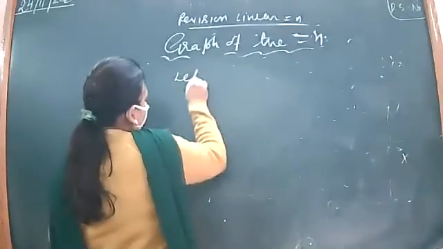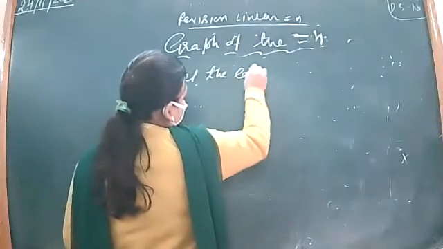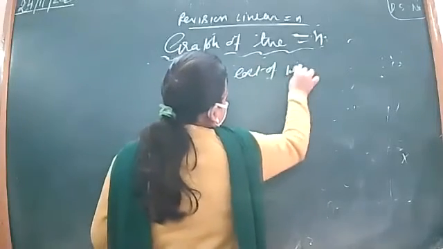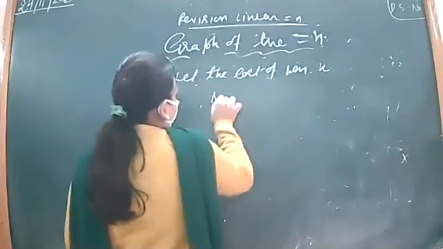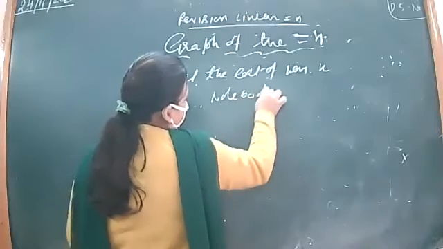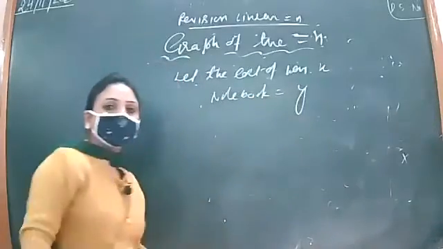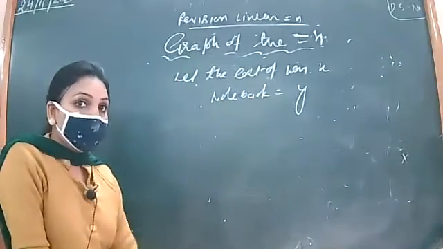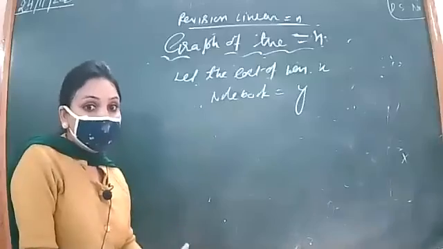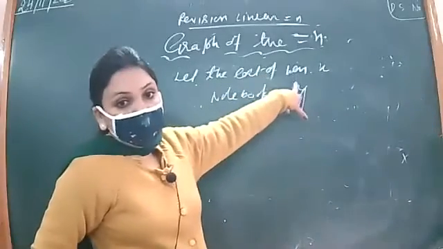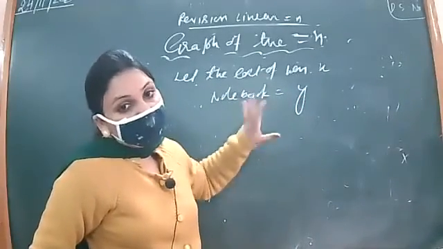Let the cost of pen be x and notebook y. Again, not 2x, otherwise only one variable will remain. We need two variables, right? Cost of pen to be x and cost of notebook to be y.